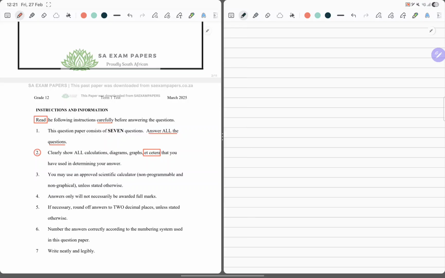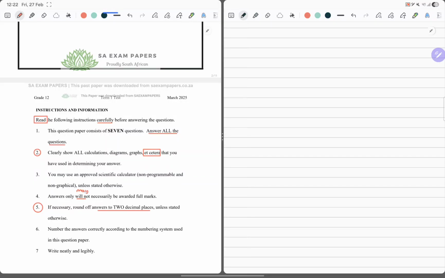If you have used it to determine the answer, please do show that you actually have. Right. Of course, folks, we read and read and read. Now, the other main one is the issue of rounding off. Can you see? 2 decimal places, no more, no less. Okay? Very important.